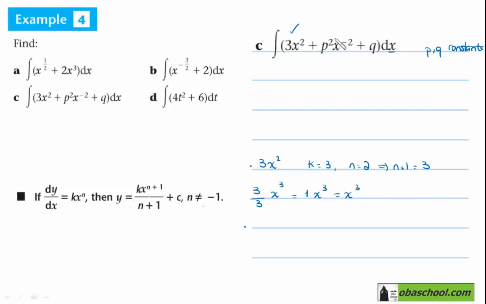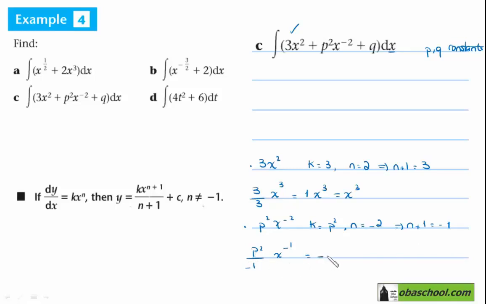Let's go to the second term, that is p squared multiplied by x to the power minus 2. The constant k is p squared and n is minus 2, then n plus 1 is equal to minus 2 plus 1, equal to minus 1. Therefore, by substitution using the formula, the integration of this term is p squared over n plus 1, that is minus 1, multiplied by x to the power minus 1.